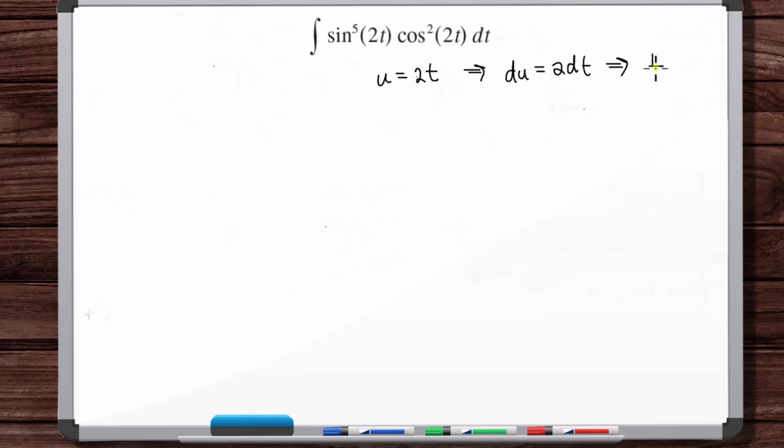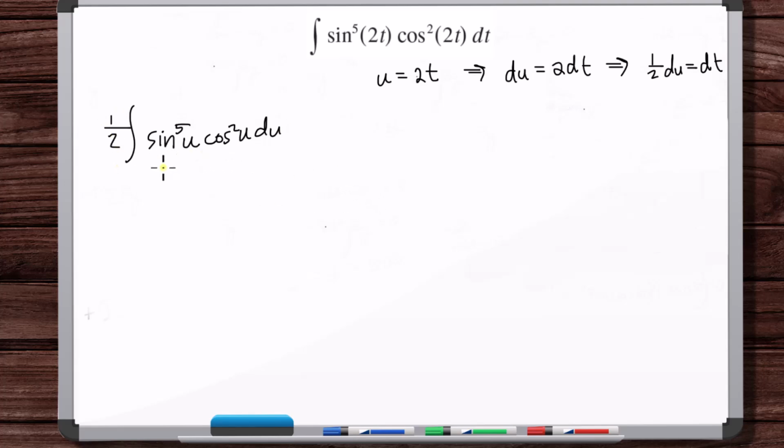So 1/2 du is equal to dt. And so we can turn this into a regular trigonometric integral. And then du, and then we bring out this 1/2.